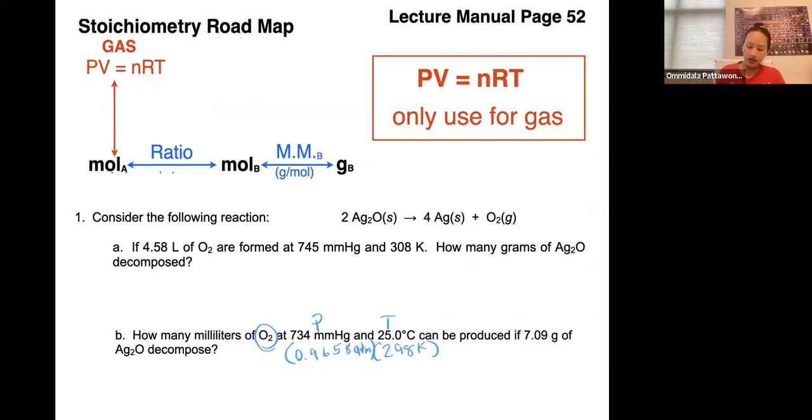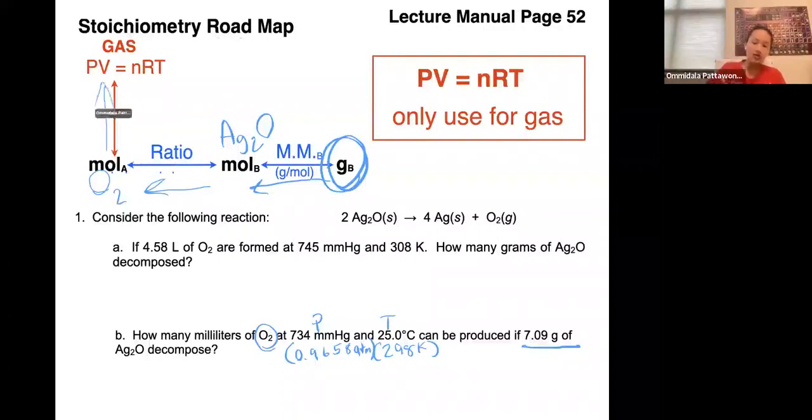Well, it's giving us grams of silver oxide instead. So you will need to convert to moles of silver oxide first, and then use the mole ratio to convert to moles of oxygen. And then you can use PV = nRT to get the volume of gas. So that's going to be the route that we are going to take for this problem.